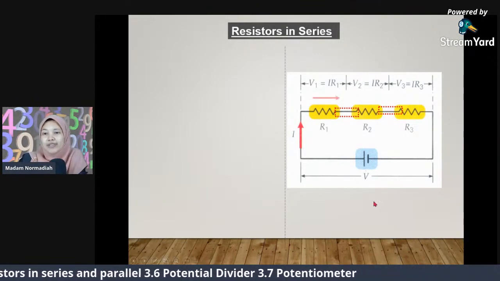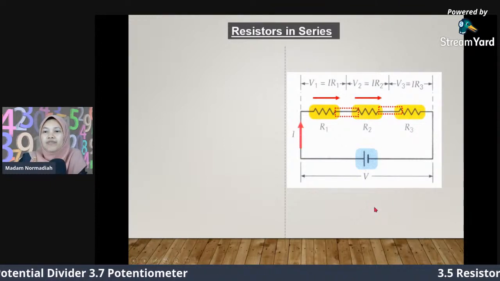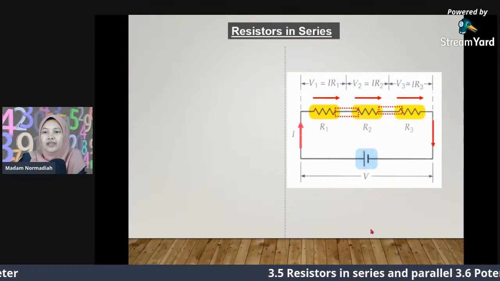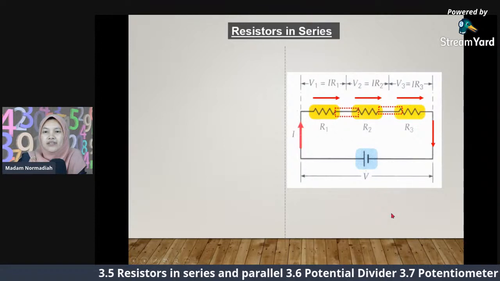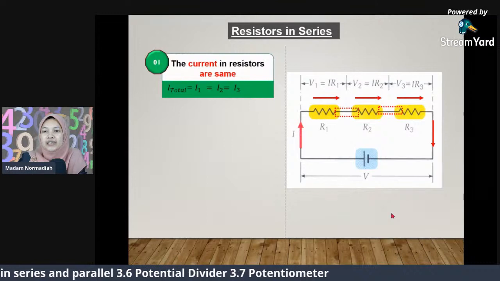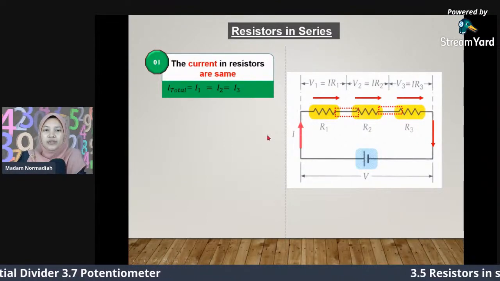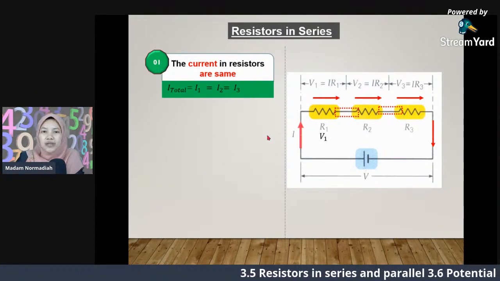In this arrangement, the current is constant and flows through all resistors R1, R2, and R3. As a result, the current in this circuit is the same, which is I total equals I1 equals I2 equals I3.